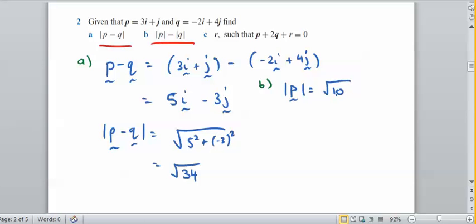If you're going to make mistakes, though, don't do so. Magnitude of Q is equal to the square root of 16 plus 4, square root of 20. So magnitude of P minus the magnitude of Q, is it root 10 minus root 20? Yeah? Okay.